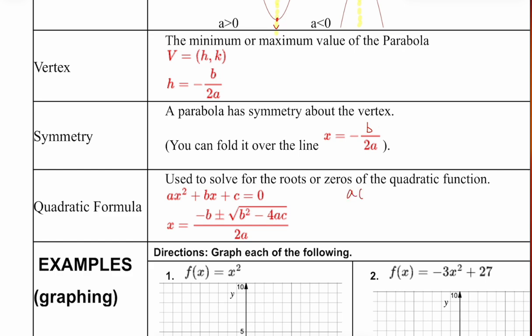So if it is of this form that I had written earlier, you know that it's going to be zeros at m and n. Because it's in factored form, it's really great. Factored form is our goal. You don't have to use the quadratic formula unless it is not factorable.